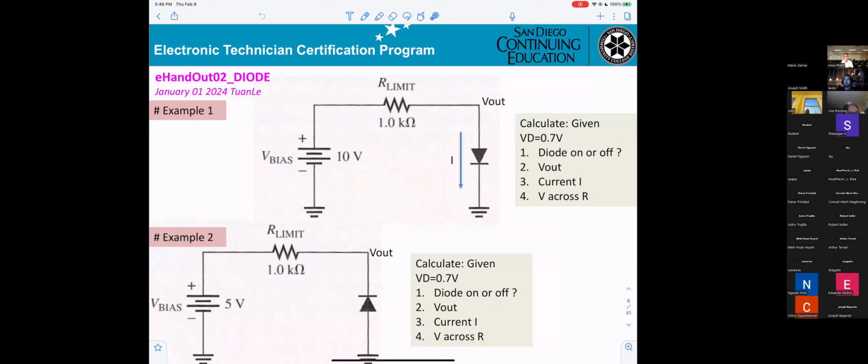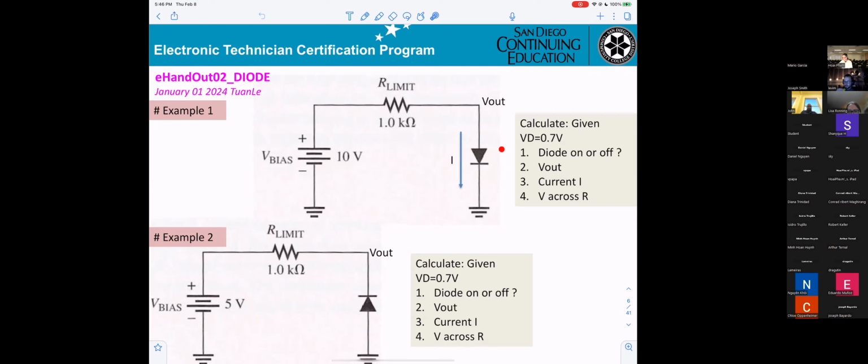How do we know? Direction of the diode in the schematic. Yeah, on this one here, can you tell me whether the diode is on or off? The diagram. Bias or reverse bias? Symbol. You have to show that the anode is more positive than the cathode.